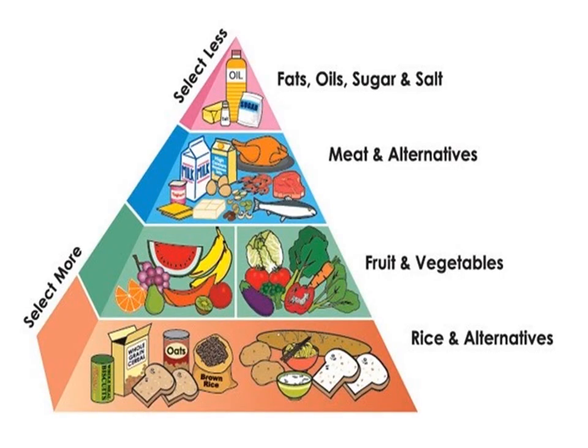In this slide you can see one pyramid in which you can see the fat, oil, sugar and salt. They are on the top of the pyramid, which means we need very small quantities of these things in our diet. Below that are meat and alternatives, the sources of protein.